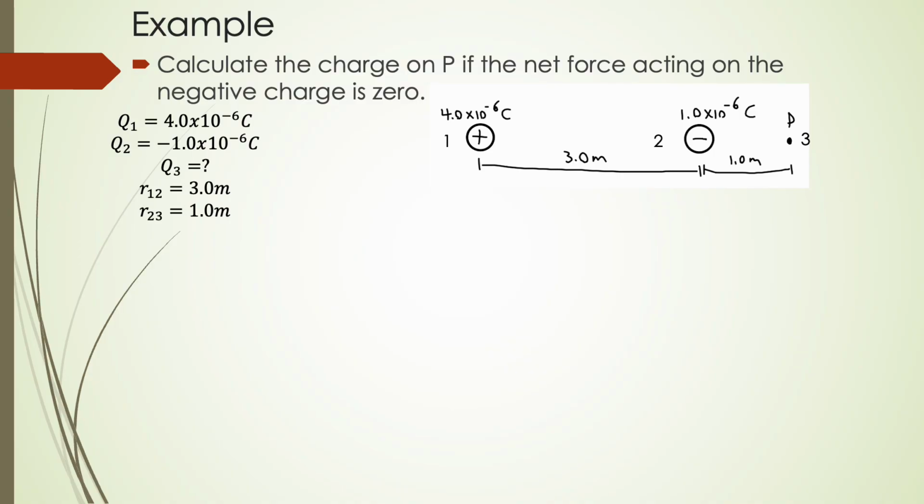So we can say K Q2 Q3 over R23 squared equals K Q1 Q2 over R12 squared. You'll notice that both sides have K, so that's going to cancel out, and both sides have Q2, so that will cancel out. At this point, we want Q3 on its own, so we'll multiply both sides by R23 squared. Substitute our values in, and we get 4.4 times 10 to the negative 7 coulombs.